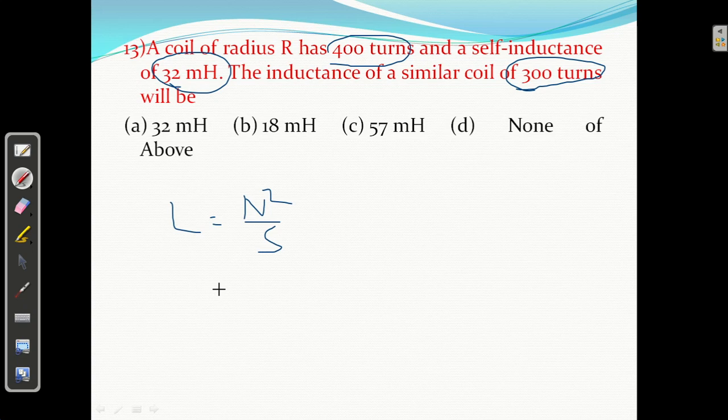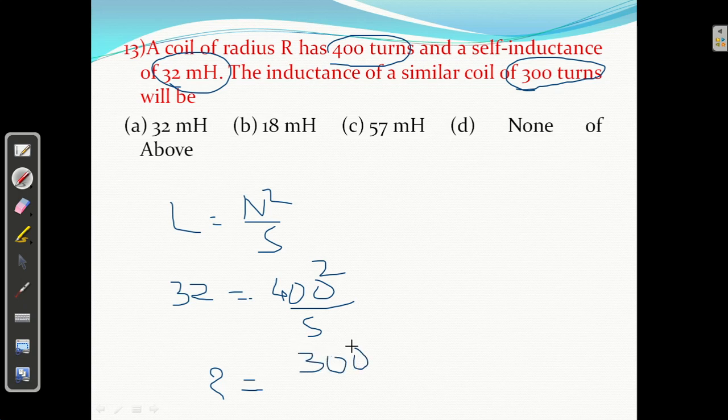So 32 millihenry equal to N square, which is 400 square, upon S. Everything is same. What will be the new value of inductance when the 300 turns are given? S will be same.